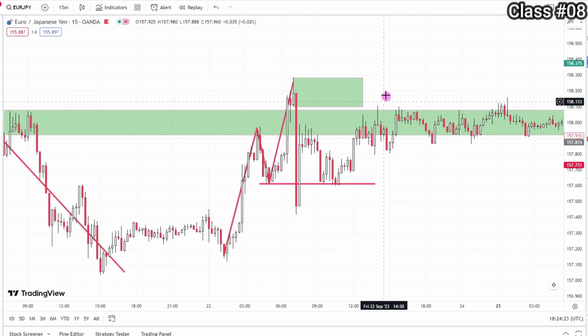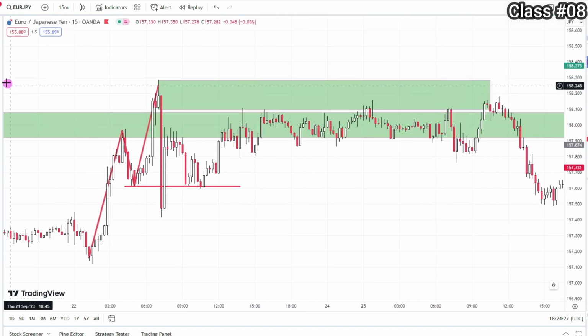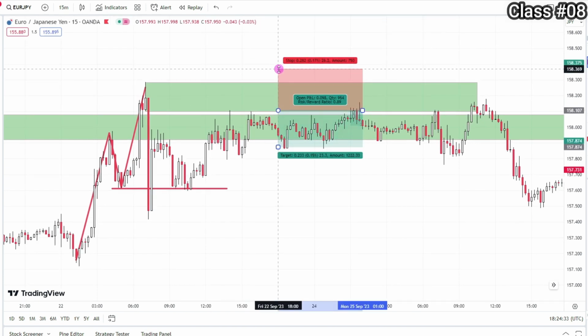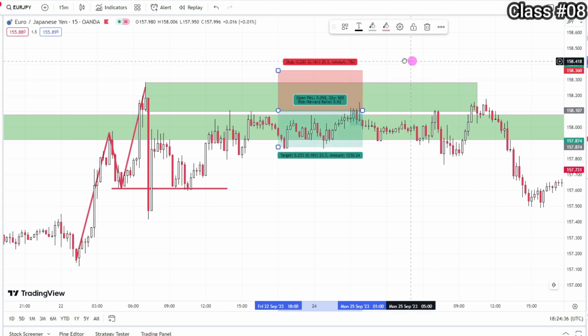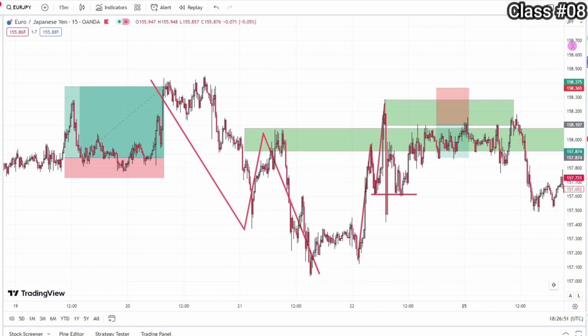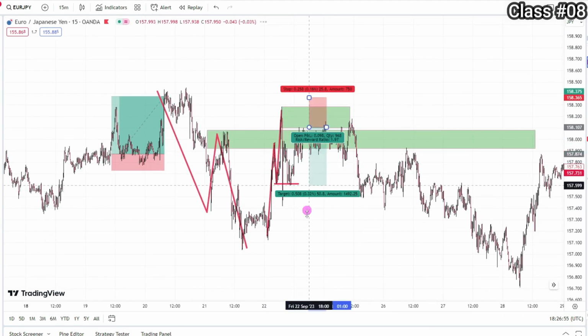We'll mark our selling zone in the range of this first candle, set our sell limit order, set our stop loss 2 to 3 pips above this zone, and set our take profit at 1:4.